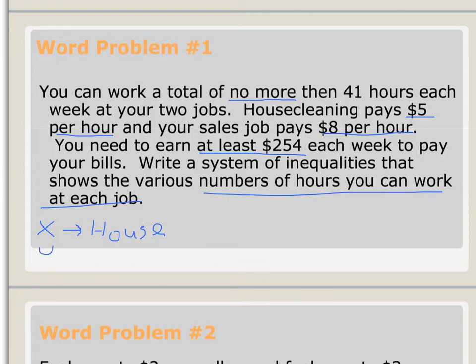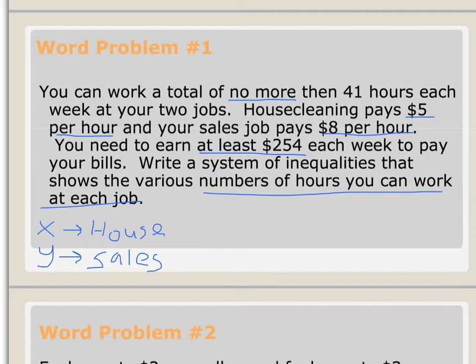My handwriting's going to be horrible on this because I'm on my iPad. Okay. And it helps to write out that kind of identification. X is the house cleaning job, Y is the sales job, because then at least with that you know, okay, X, anywhere I see house cleaning, I need to know if that goes with X.